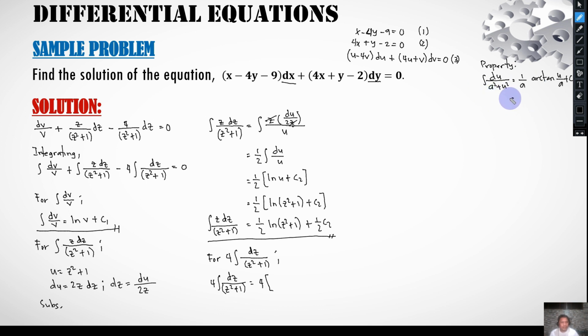Yung A natin dito ay constant. So, pwede mo rin ma-rewrite ito ng integral of du over u squared plus a squared is equal now to 1 over a arctangent of your u over a plus c. So, ito yung u nasa taas.